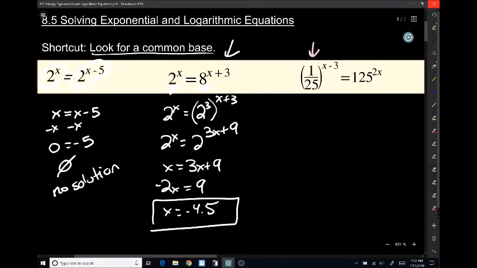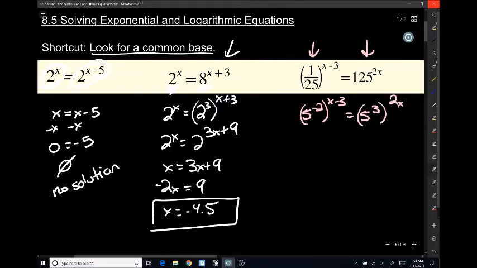Now, these two here, 1/25 and 125, don't look like they have a common base, but you need to start becoming aware of the prime factors of these. You typically want these bases to be prime numbers, although not always. 1/25 is actually 5 to the negative 2. And 125 is 5 to the third.